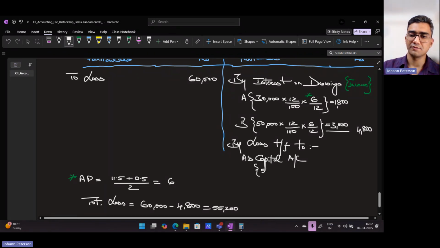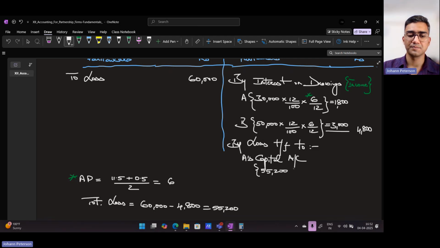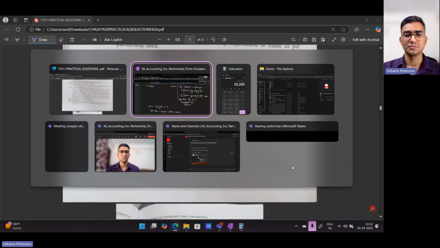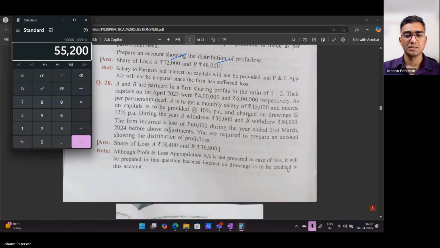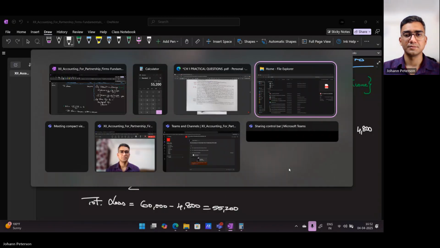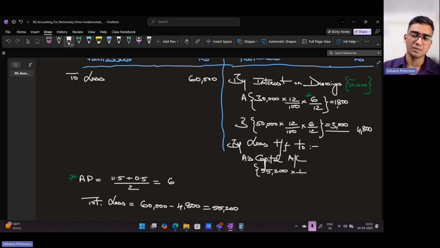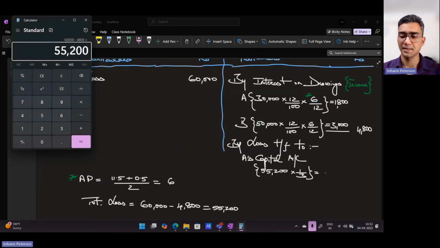So 55,200, what is the ratio? 1:2. So into 1 divided by 3, which is 55,200 divided by 3. 18,400.